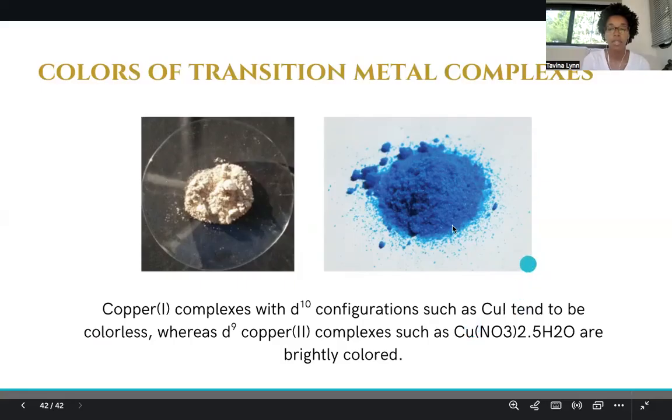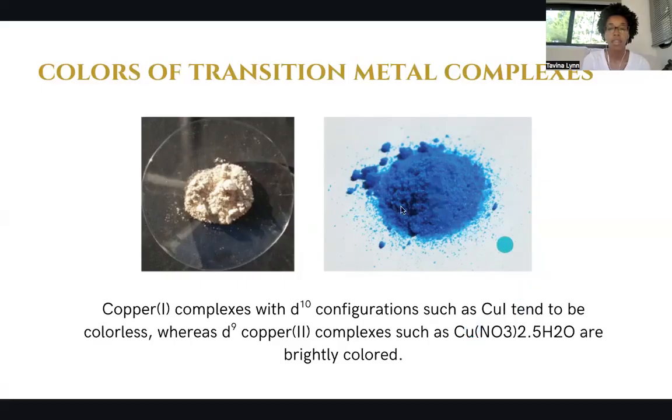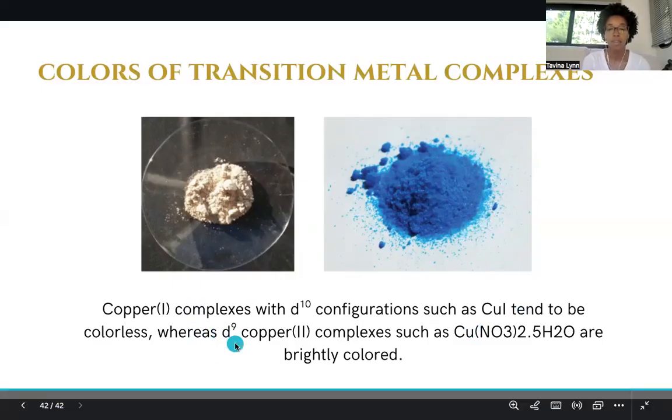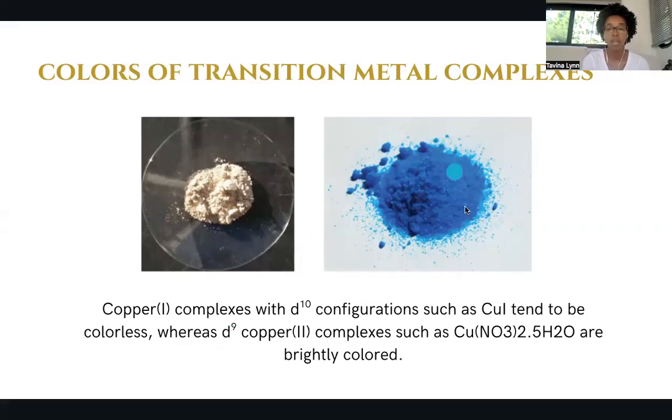And this copper(II) complex has a d9 configuration, so it's not fully filled. So that is why we see this blue color, right? That's the color of the visible region that is reflected. All the other colors are absorbed. Whereas when we have this fully filled d orbital, these tend to appear colorless.